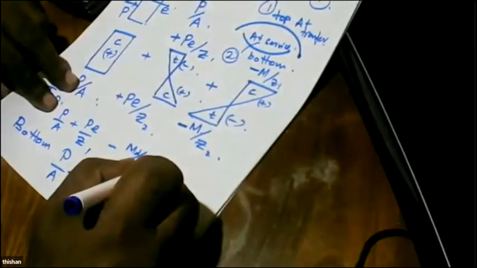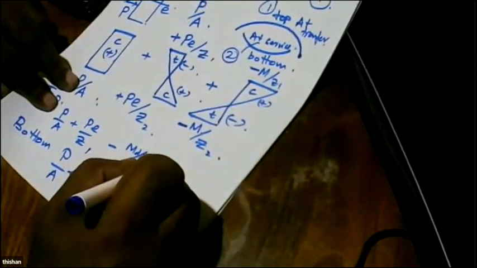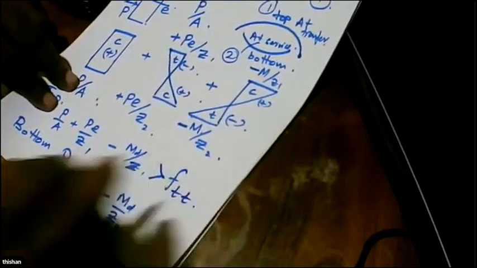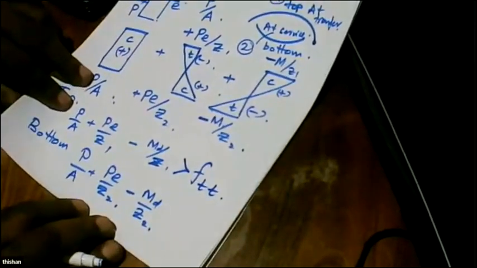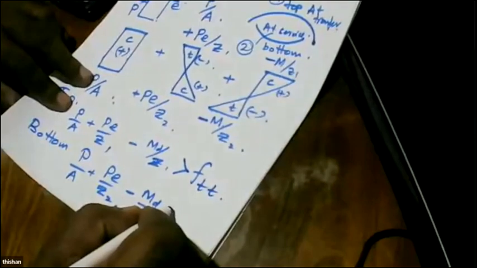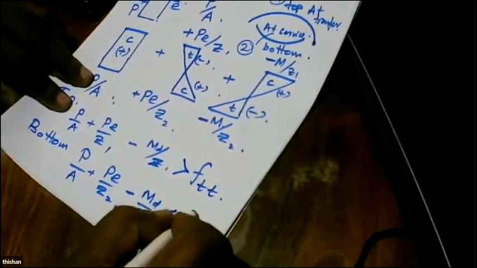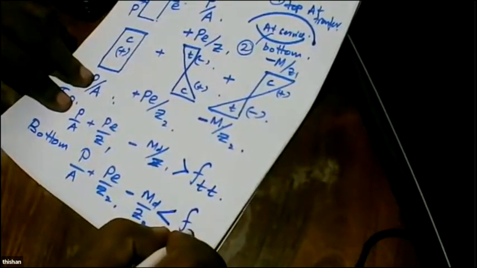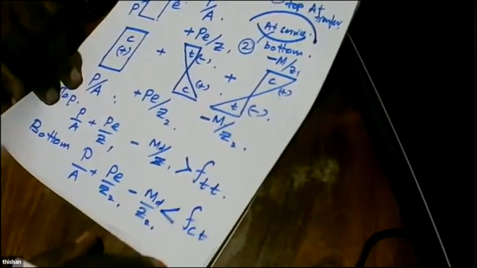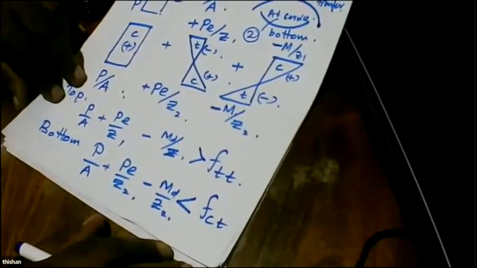So this should be greater than the tension allowed at transfer. And then bottom fiber is going to fail in compression. So this should be less than the compression allowed at transfer. So we can write two equations. Is that clear?